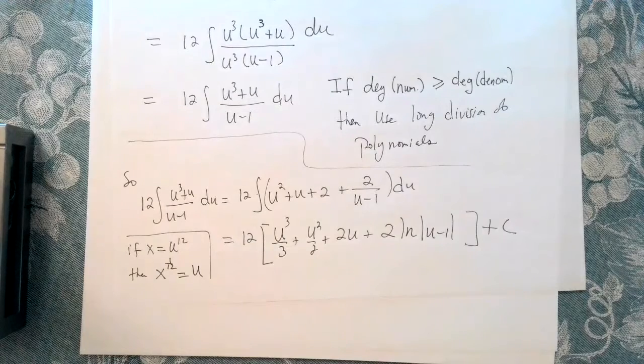Now, if I wanted to be a bit more precise, I could use absolute value, but since it was in the context of the way the problem was given in the beginning, I think we're going to assume that this is where it makes sense in the domain of the original problem.